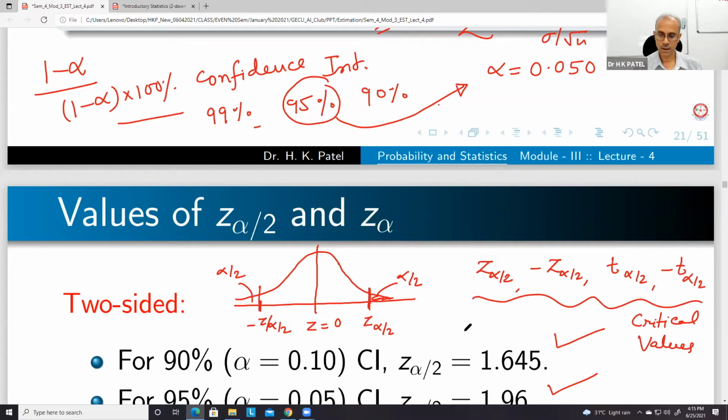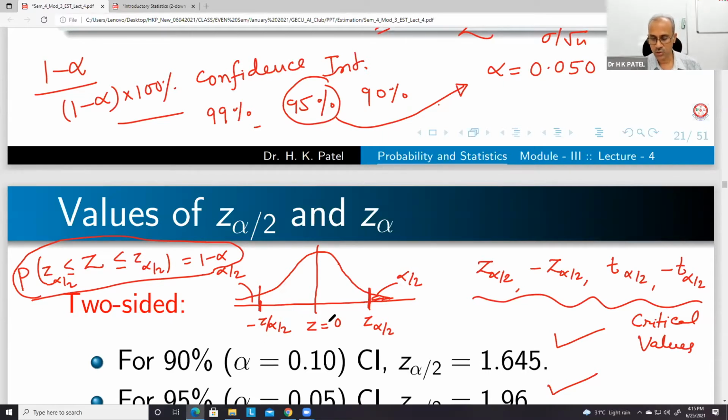In case of confidence interval, our interval is minus Z alpha by 2 to Z alpha by 2, such that the probability that capital Z lies between these two is equal to 1 minus alpha. This is the condition we use, or we solve this equation to find the interval.